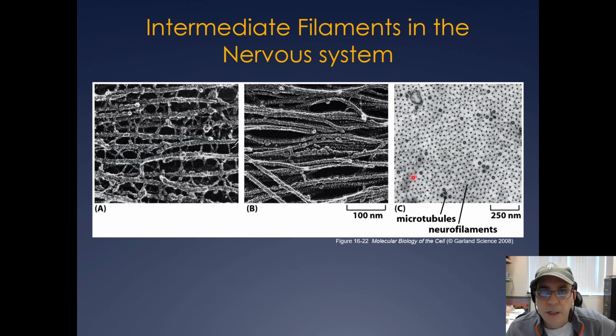And then there are also intermediate filaments in the nervous system, and here are some nice scanning EMs of some of the intermediate filaments in nerve cells, and you can see here how they compare to the microtubules, and these oftentimes help to give cells their structure.